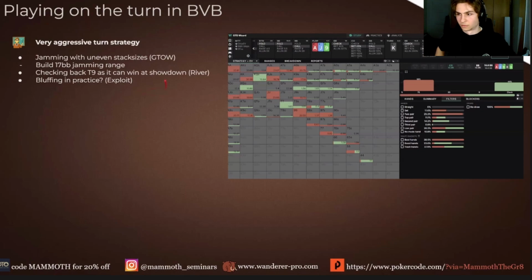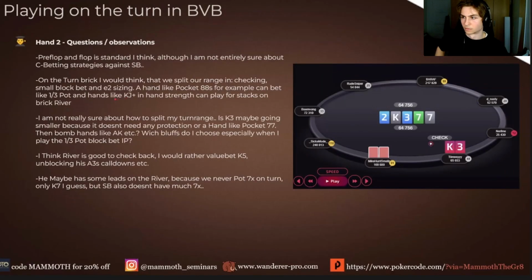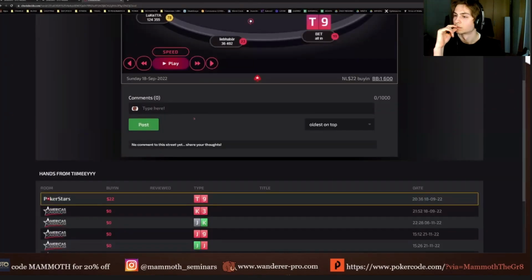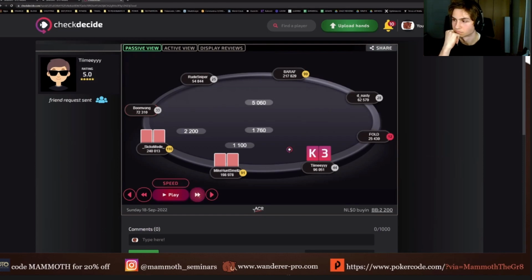Let's move on. Yeah, I mentioned all of it. So let me pull it up. The open raise spots against the small blind are definitely quite tough because of how this range is constructed.